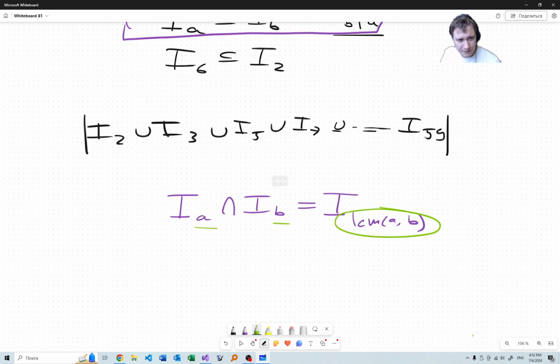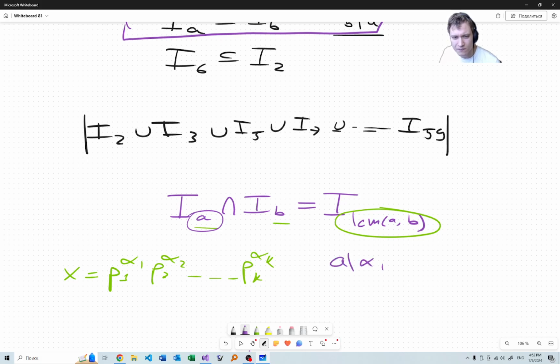Let's take some number x, which has some prime decomposition into primes. What does it mean that it is an Ath power of some number? This means that A divides all the alphas. What does it mean that it is a Bth power?